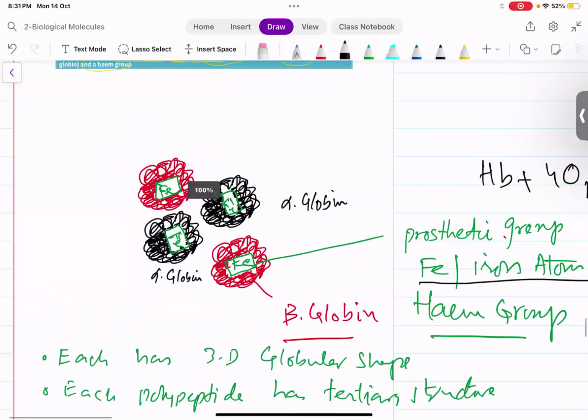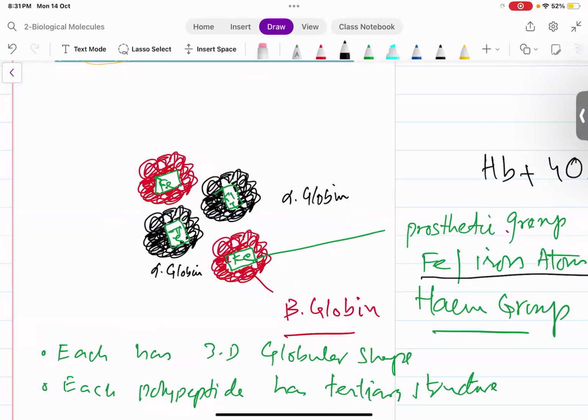Now, each polypeptide has hydrophilic R groups on its outer side. The outside of these molecules has polar R groups outwards. We can write an R here, an R here, an R here. So these are hydrophilic or polar R groups.